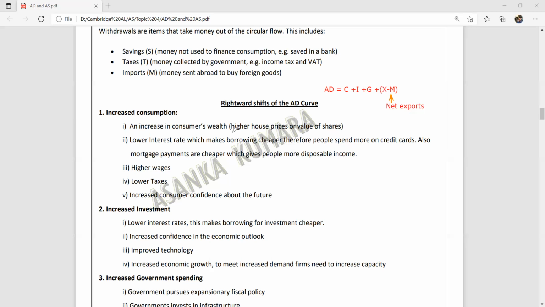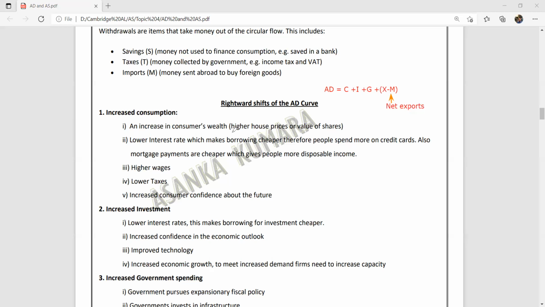Lower taxes mean taxes on people's income, not on goods or services. This is about taxes on income, direct tax. If such a tax goes down, definitely people have better income to spend more, and consumption rises.